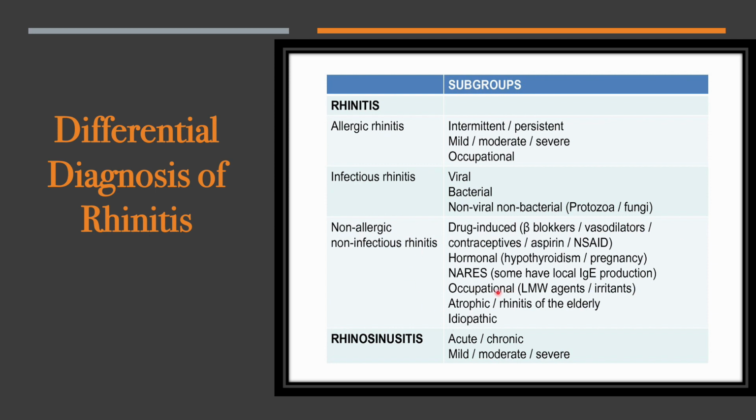It can be idiopathic or have other mechanisms that precipitate it. Also, rhinosinusitis is a major differential for rhinitis. So just use this for your reference. It's also good to memorize it, especially for students in school, so you can recall it quicker when you're in clinical.